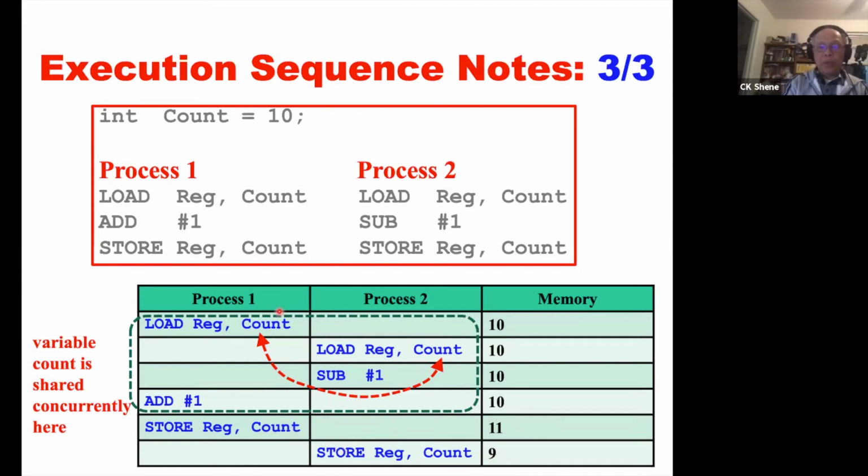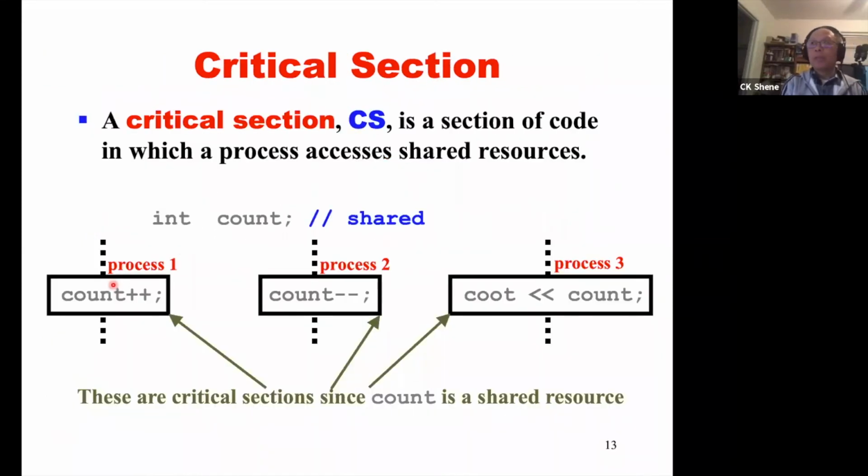So with this execution sequence you get 9, and you show a second execution sequence which shows 11. You need two execution sequences to convince me that you have a different answer if the execution order is changed. Okay, then we are going to attack this race condition problem.